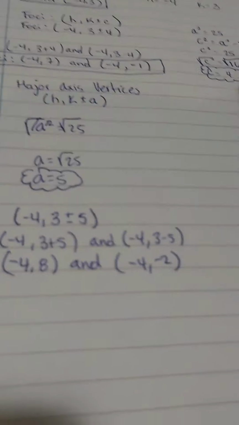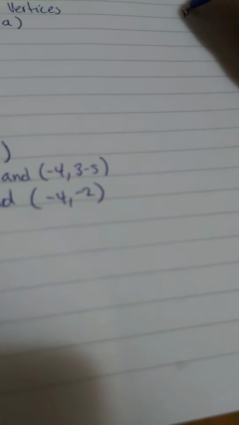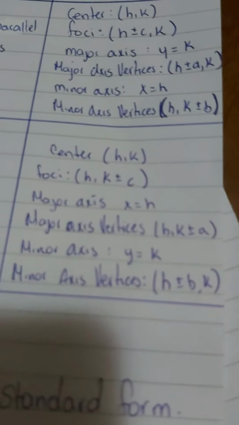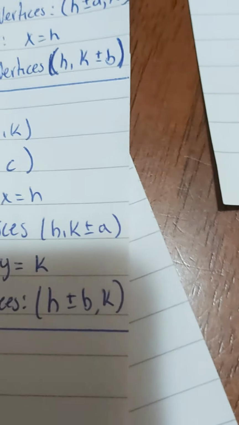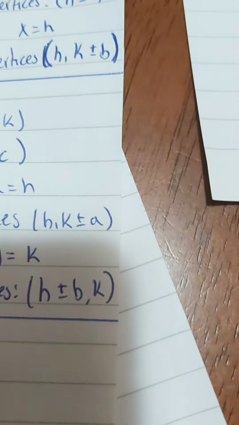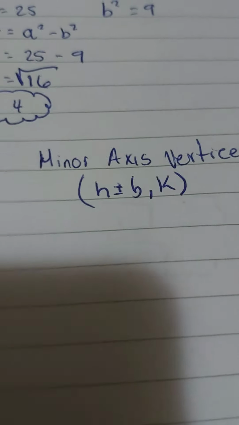Okay, now let's find the vertices of the minor axis. By formula, the minor axis vertices will be (h ± b, k).